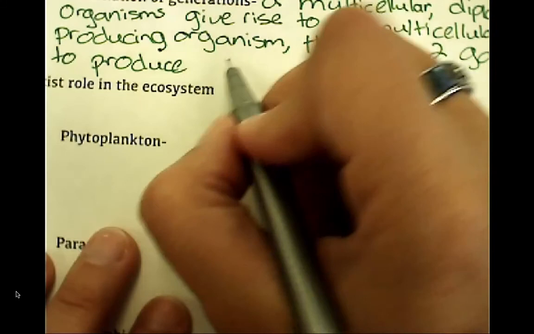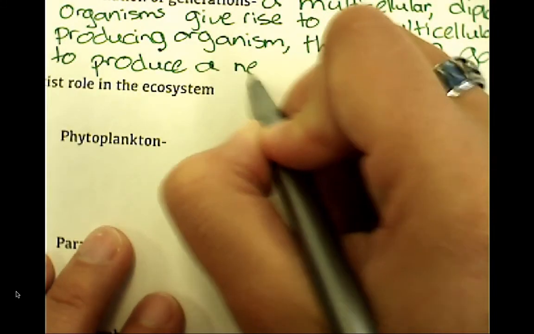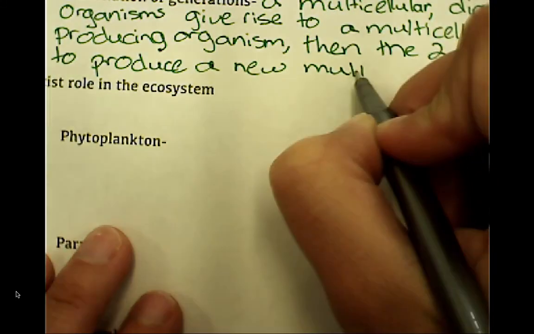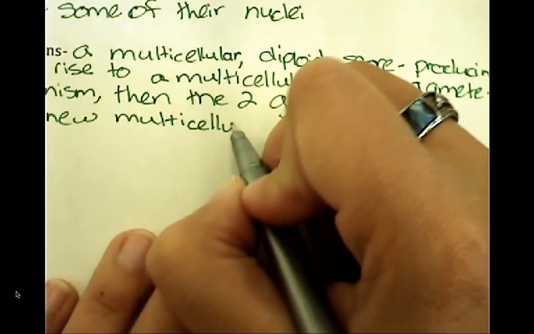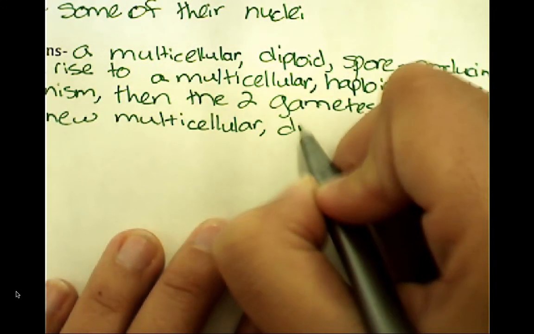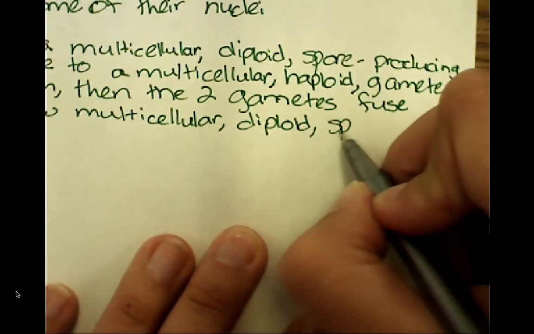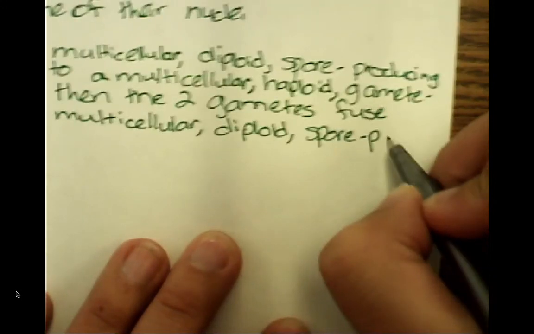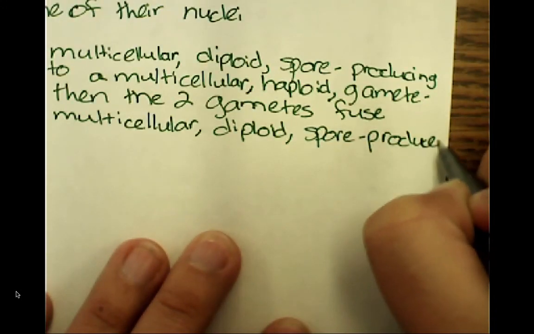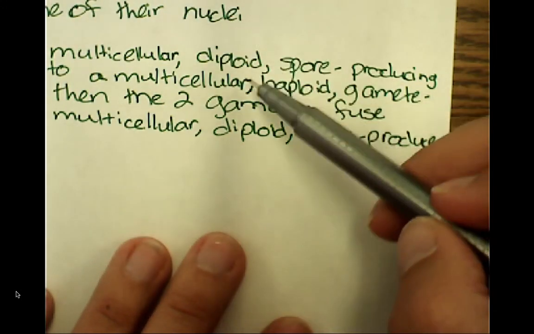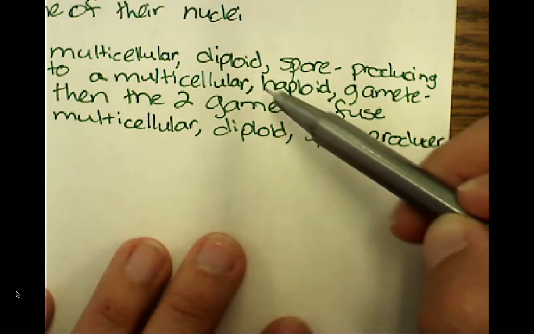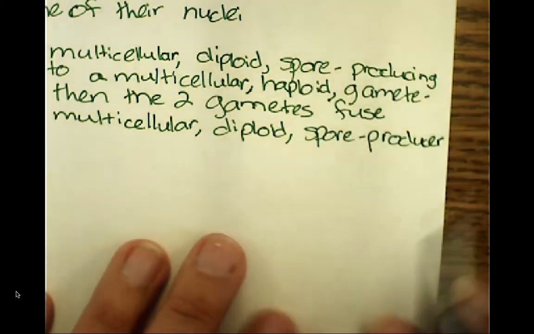So we're just going to circle it around to produce a new multicellular. So it's a big circle. And there's a picture of it in your book, and we will talk more about this when we do plants, because plants exhibit this, and you'll see it a lot. So you alternate between a diploid and then a haploid, and then a diploid and then a haploid. That's the gist of it.